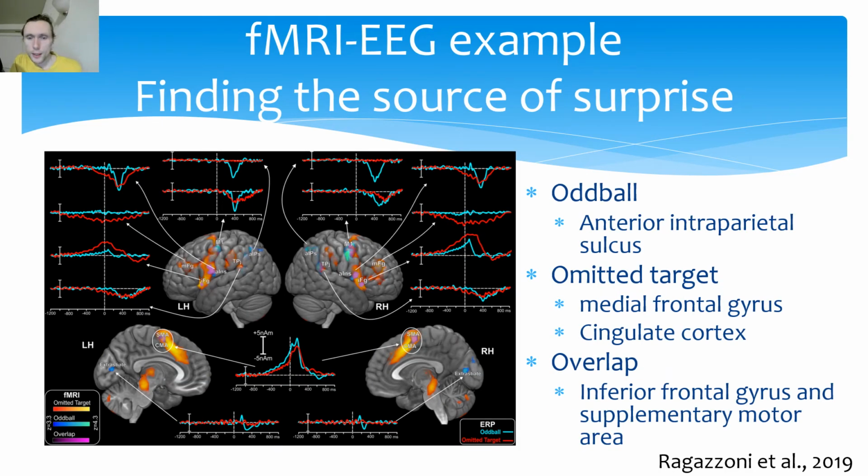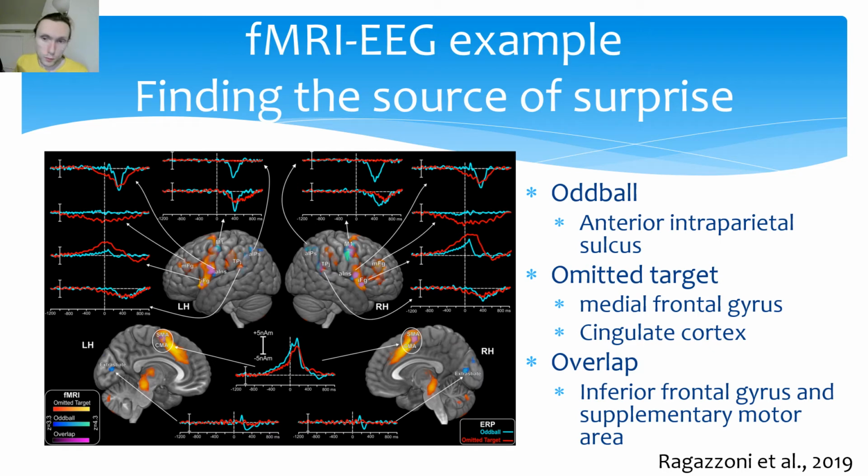And what they found is that actually an oddball, so a different stimulus, evokes some activity in the anterior intraparietal sulcus, whereas an omitted target has increased activity in the medial frontal gyrus and the cingulate cortex. And that's already interesting because based on the EEG studies that have been done before, it wasn't really clear that an oddball or an omitted target would be related to different areas in the brain, because both are a surprise response, and they both show a P3 kind of signal.